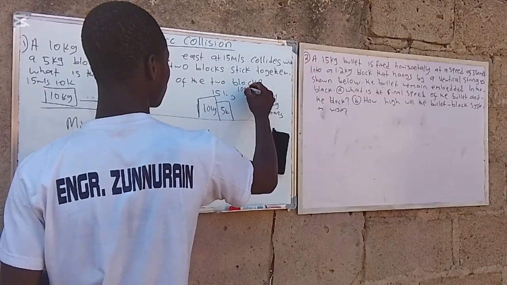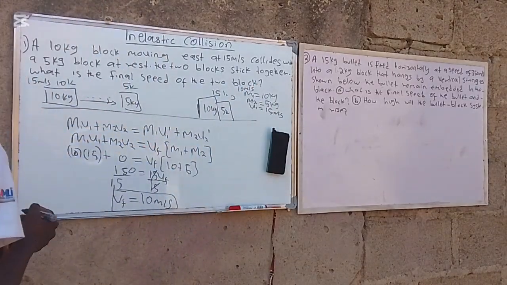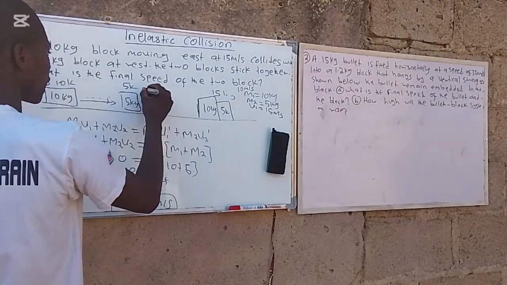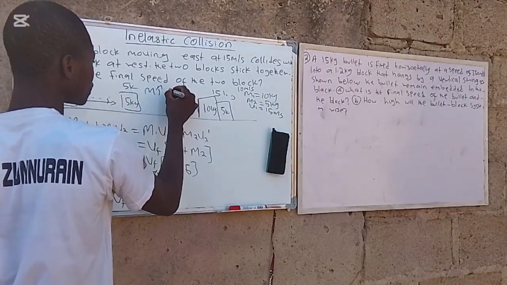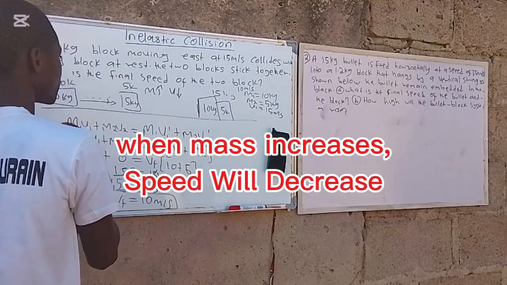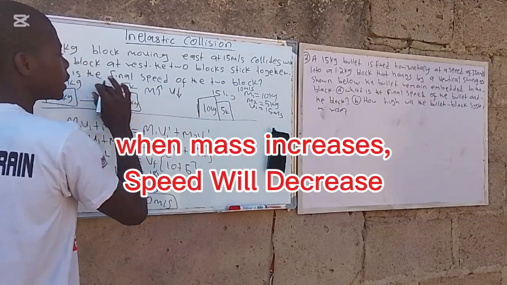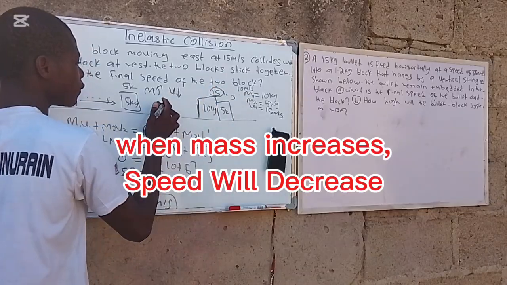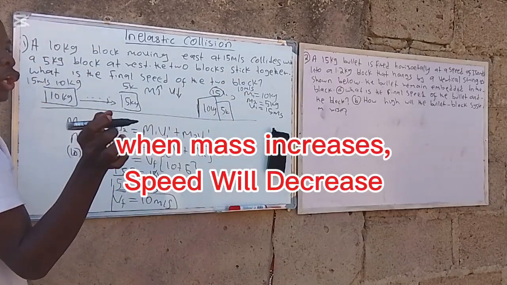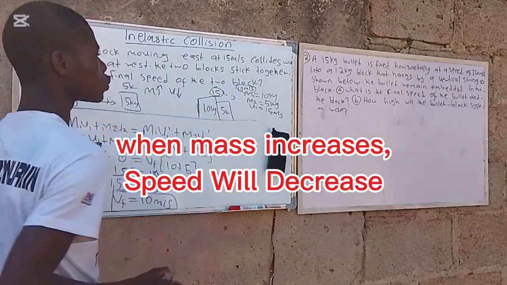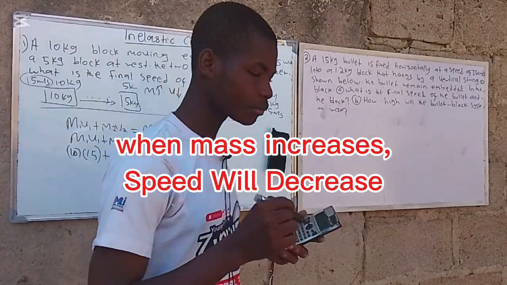Take note that whenever the mass increases, the velocity decreases. As you can see, the mass increased from 10 kilograms to 15, but the velocity decreased from 15 meters per second to 10 meters per second.